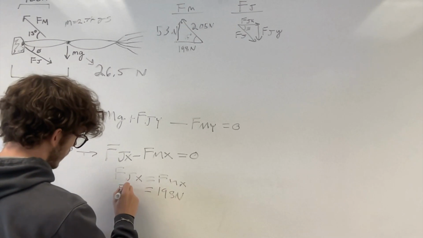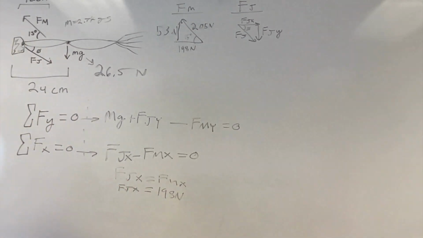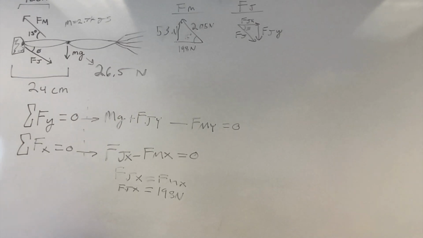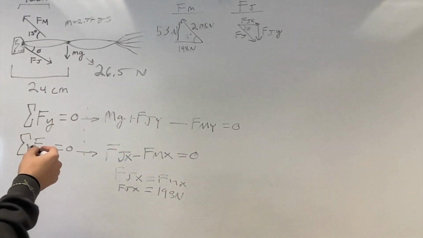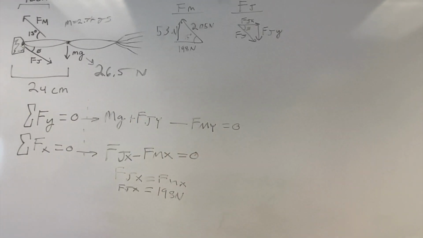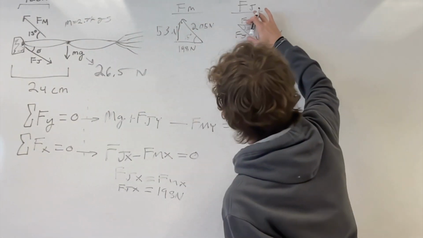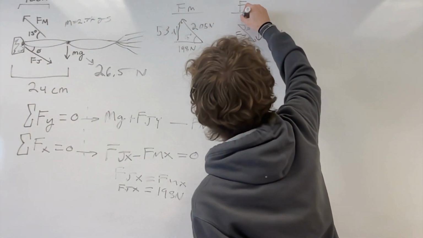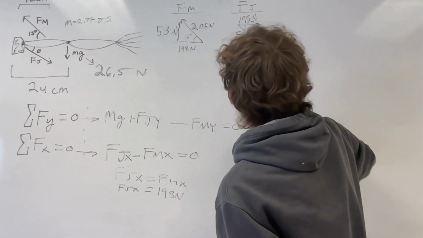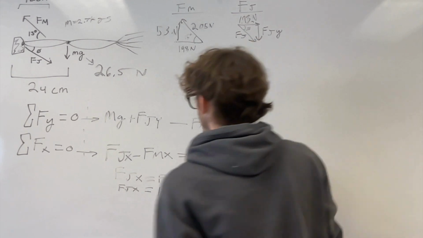So Fj of x is 198 newtons in the opposite direction. So Fm is pointing in the negative direction. Fj of x is pointing in the positive direction. Alrighty, so we know that Fj of x now is going to be 198 newtons. Alright, now we need to find Fj of y.